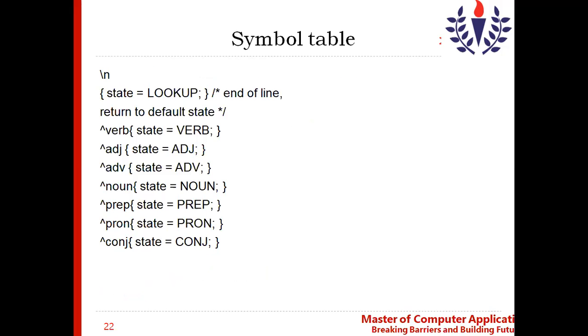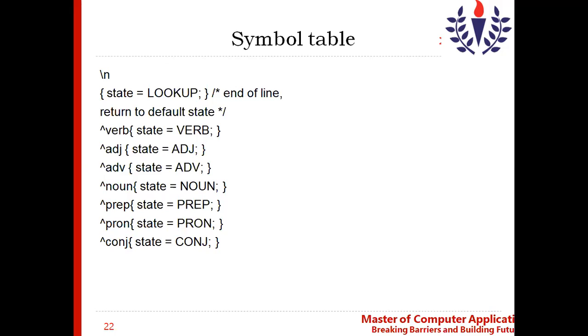And we go to the rules part. When you find the \n in the input, that is the end of the line, state is equal to lookup. Lookup we already assigned as 0, so the state value will be 0.